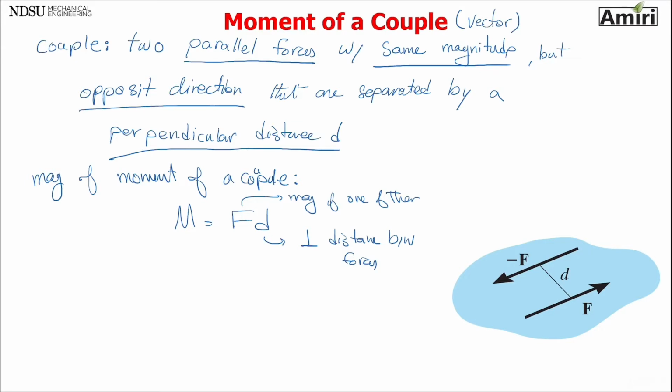And once it is a vector, it has magnitude and it has a direction. The direction is still identified by the right hand rule. So I'm curling my fingers in the direction of rotation that these two forces are going to create.